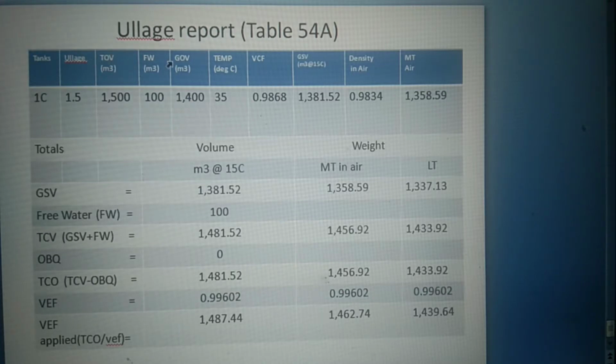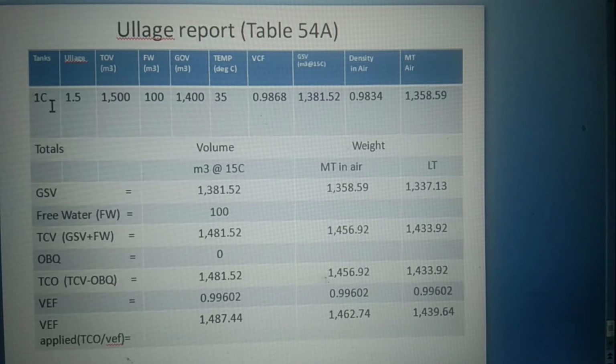Let's say for example, on board our ship we have only one cargo tank, only one center tank. Here, as you can see, in the first column of our Ullage Report format, we have the tanks.